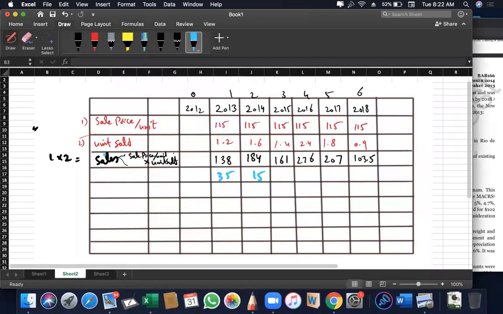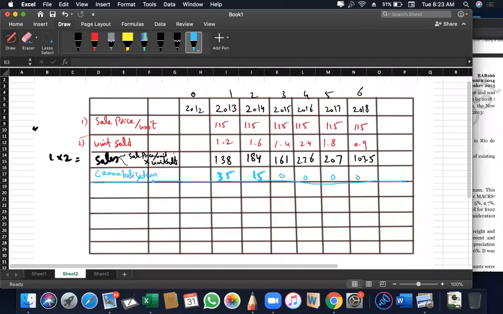Maybe the spellings are incorrect. And for the remaining years, there is no value. We will write 0, 0.